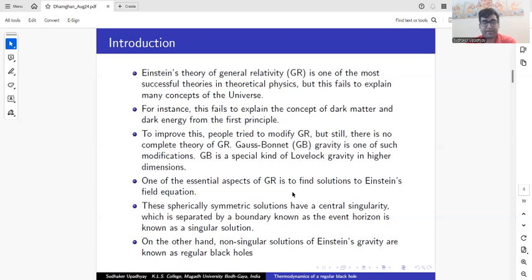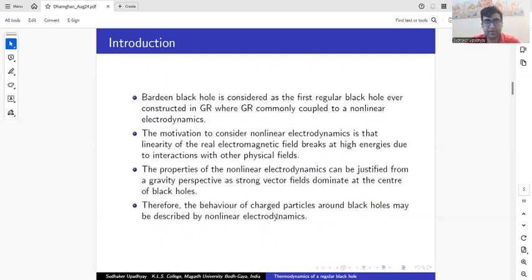There exist various solutions of GR, and mainly two kinds. One has a central singularity separated by a boundary, the event horizon, and is known as a singular solution. However, another solution which is not singular at the center is called a regular black hole solution.